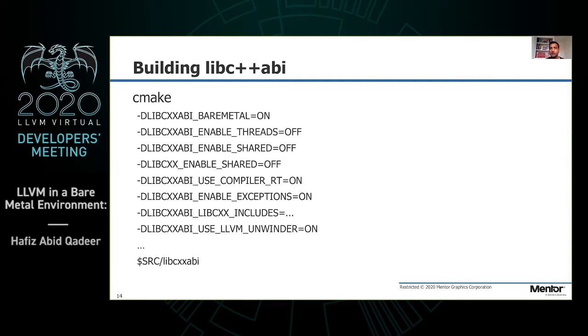Now we look at the CMake variables for libc++ ABI. Most of the first five of them are similar to what we saw in the previous slide. Then we have libcxxabi enable exceptions, which allows unwinding from exceptions. Then we have libcxx includes. If you remember the build order, I was first building the libcxx headers.